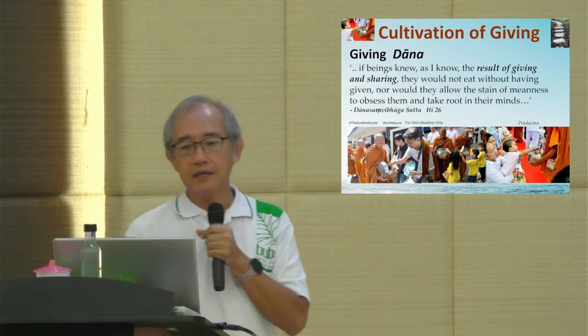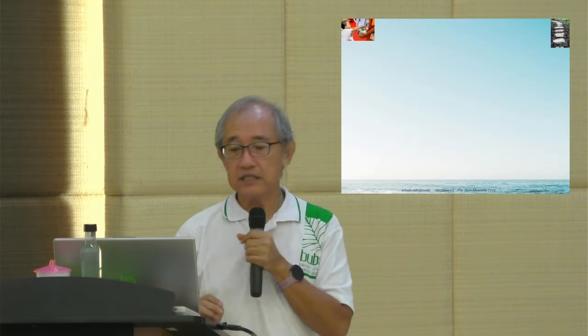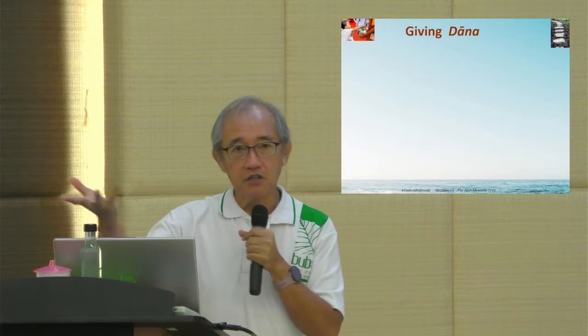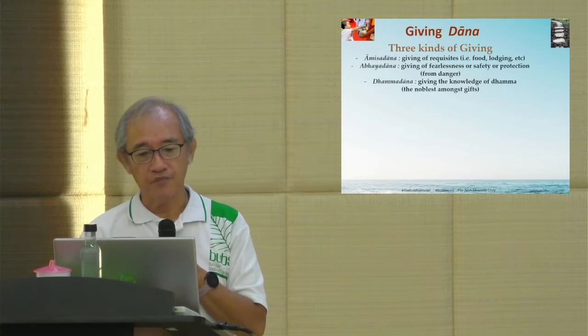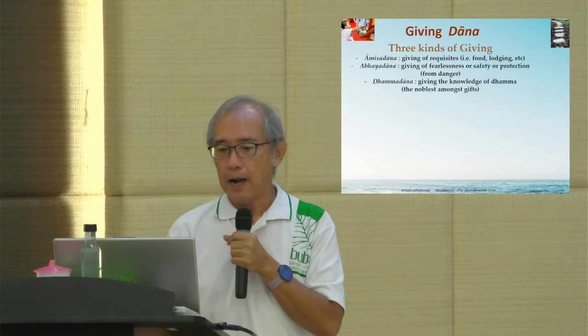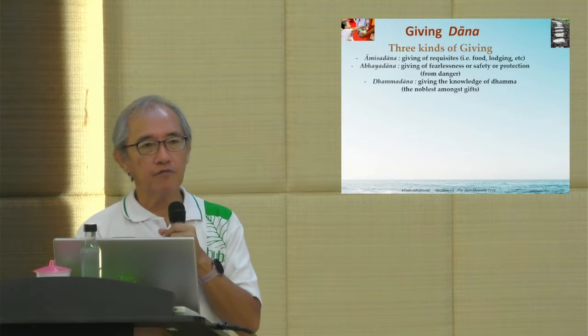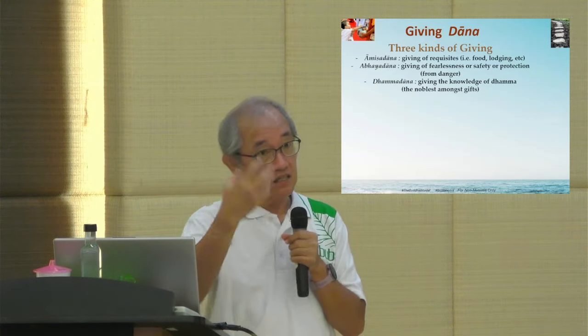Now, in many Dhamma sharings by various people, you will come across this, Amisa Dana, the giving of requisites, giving of lodging, a place to stay for the monastics, giving of food, and so on. That means material giving. Abhaya. Now, the word abhaya is made up of, in a way, you can say three words. Dana is giving.